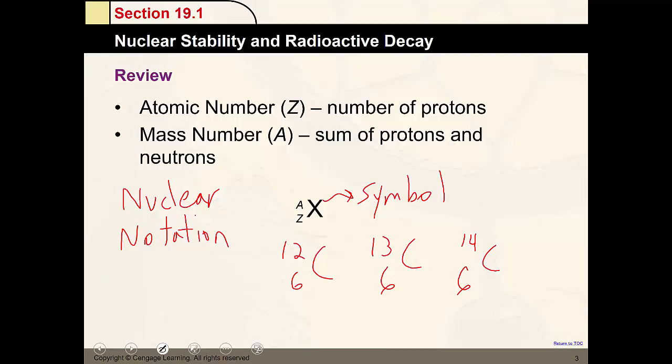And you can get the number of neutrons simply by subtracting Z, the atomic number, from the mass number A. So always, if you take the mass number, the number of protons plus neutrons, subtract by Z, the atomic number, the number of protons, as a result, you get the number of neutrons.